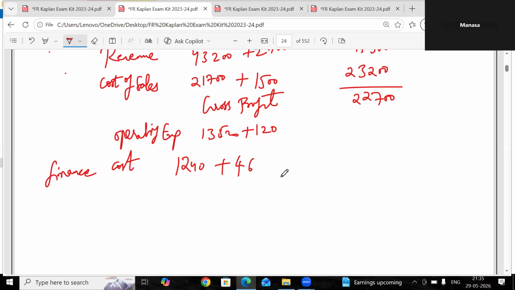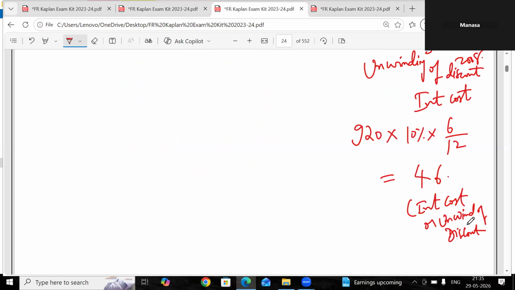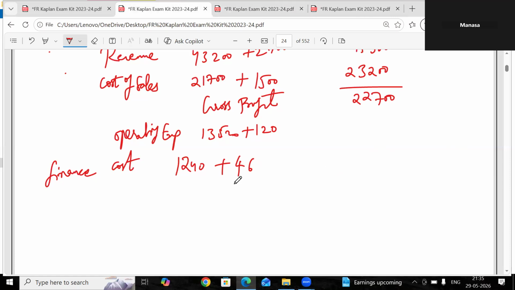So unwinding of discount also we added up. Okay. Now next point. So the unwinding of discount calculation is done. We are going to show this in our finance cost. So taken here, shown here. This is done. Let's move to the next part.